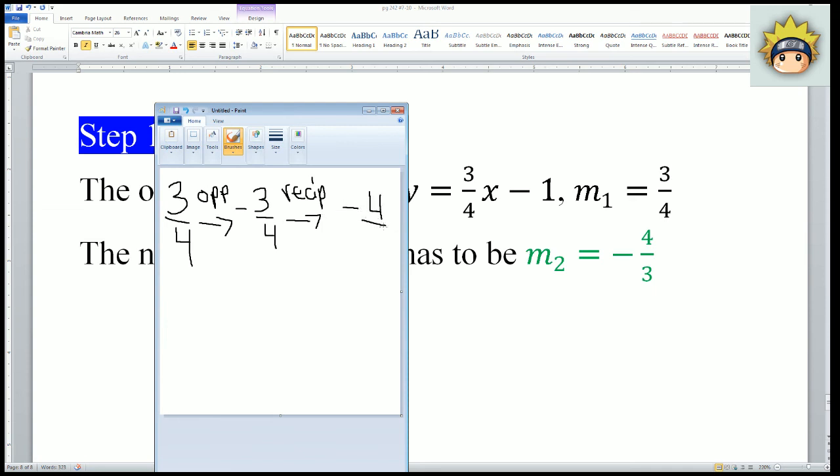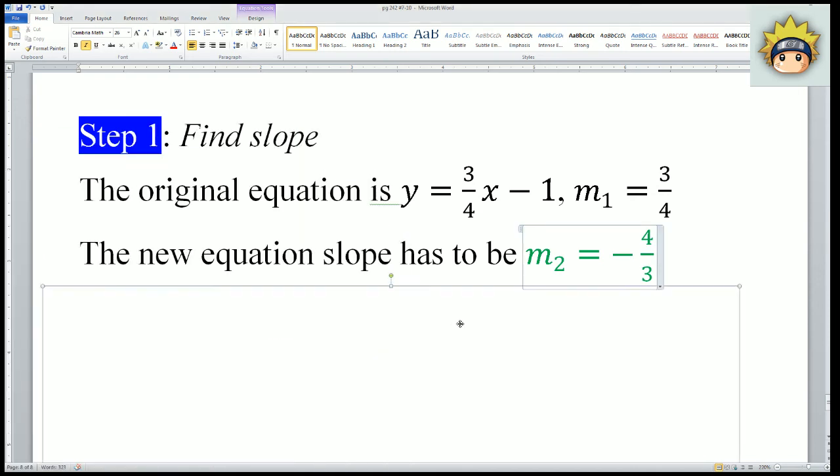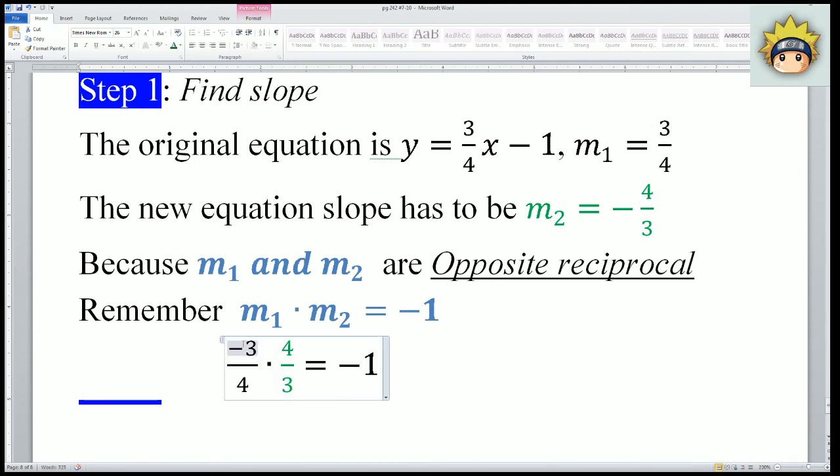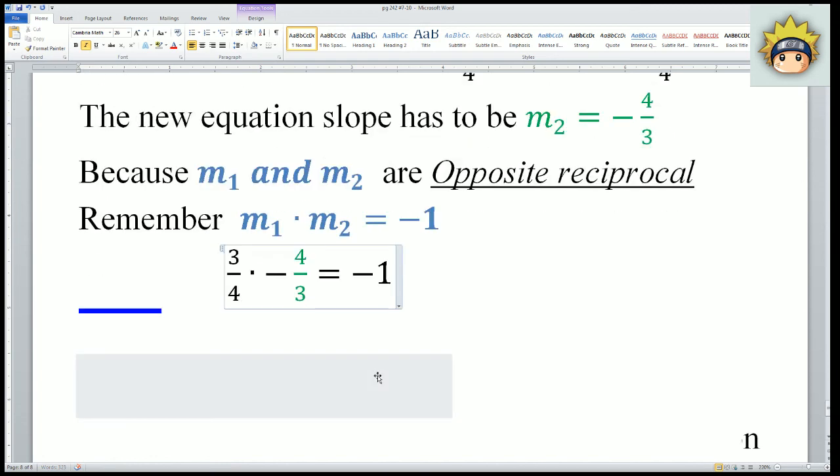Negative 4 over 3. There you go. Because again, we double check. 3 over 4 times negative 4 over 3 is equal to negative 1.